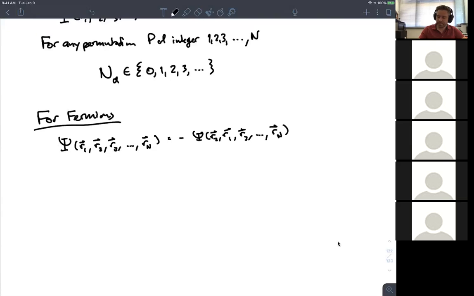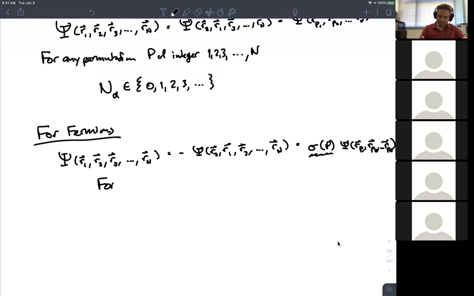In general, if I permute some particles or combinations of particles, I get a phase factor out front, which is either going to be plus or minus 1. So depending on which particles I permute, I will get some plus or minus phase on the wave function. And this is again for permutation P.